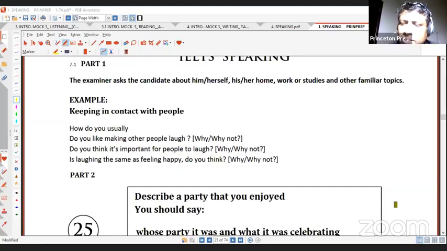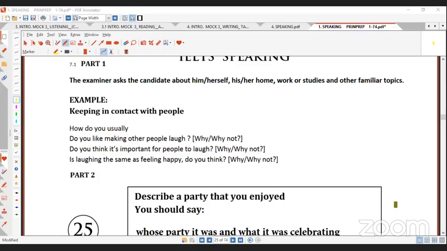So speaking wise, it's improving. But I think reading is a different skill. You have to know the vocabulary and work on everything. But we have started a grammar class as well.